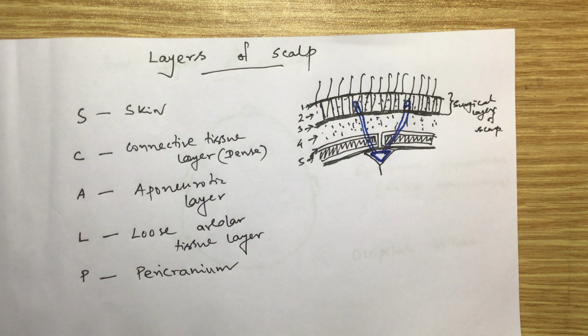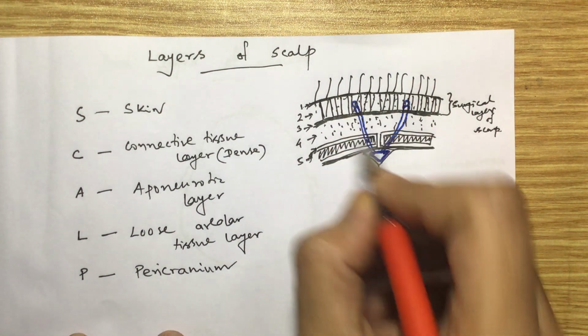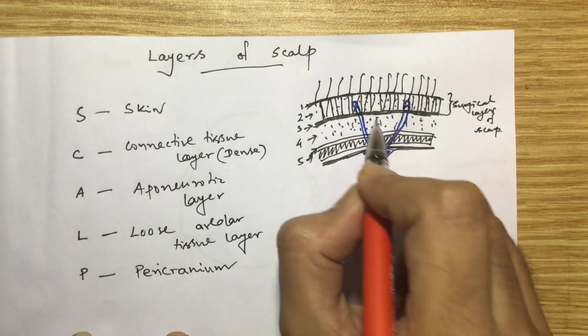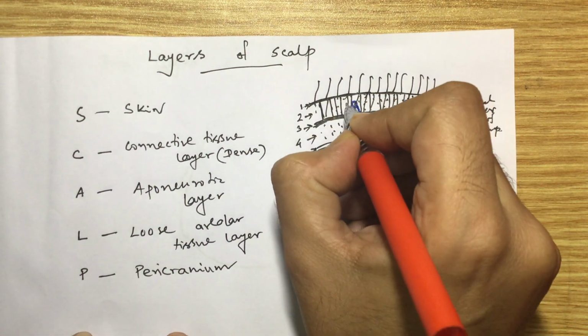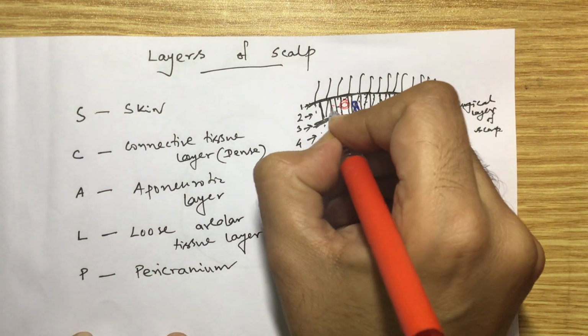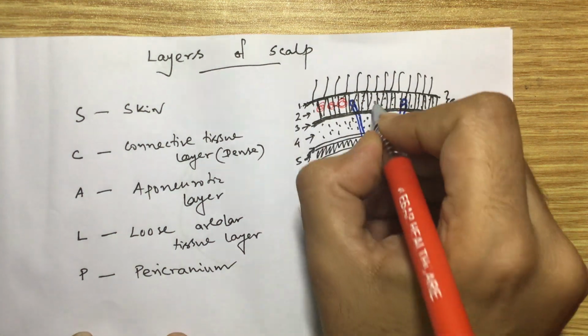Now about the second layer, that is the connective tissue layer. Already discussed that there are many fibrous septa which divide that second layer into multiple lobules. It contains the maximum amount of cutaneous blood supply.